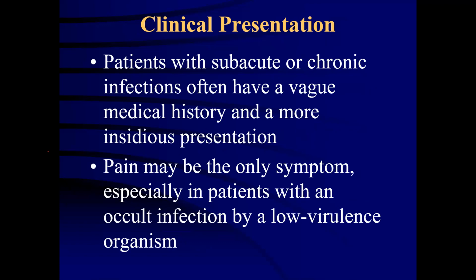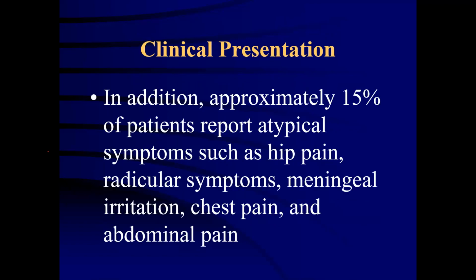Pain may be the only symptom, especially in patients with an occult infection by a low virulence organism. In addition, approximately 15% of patients report atypical symptoms such as hip pain, radicular symptoms, meningeal irritation, chest pain, and abdominal pain.